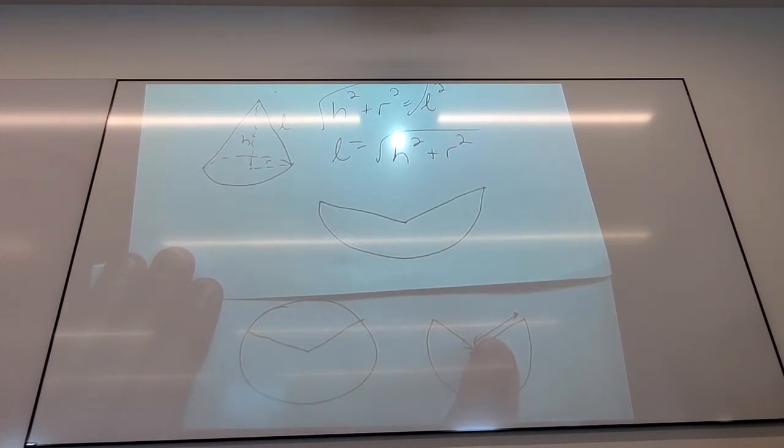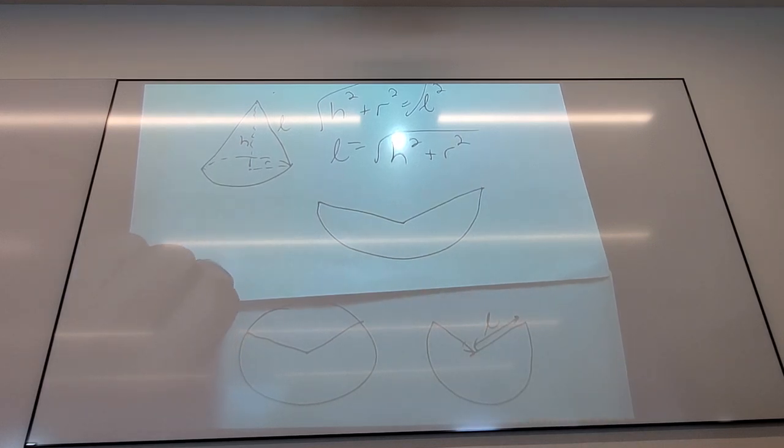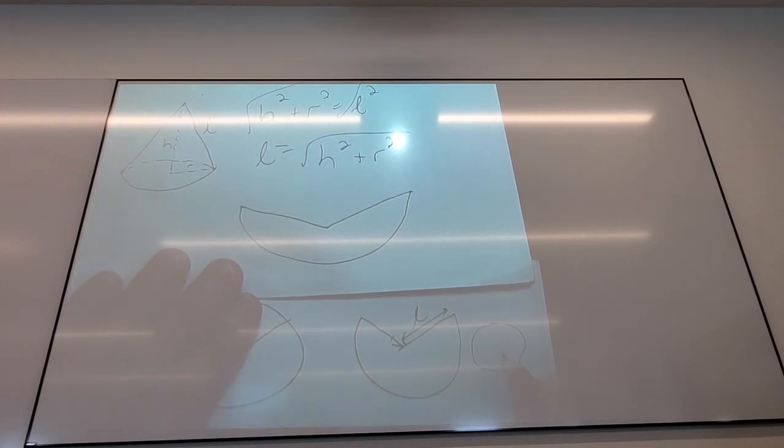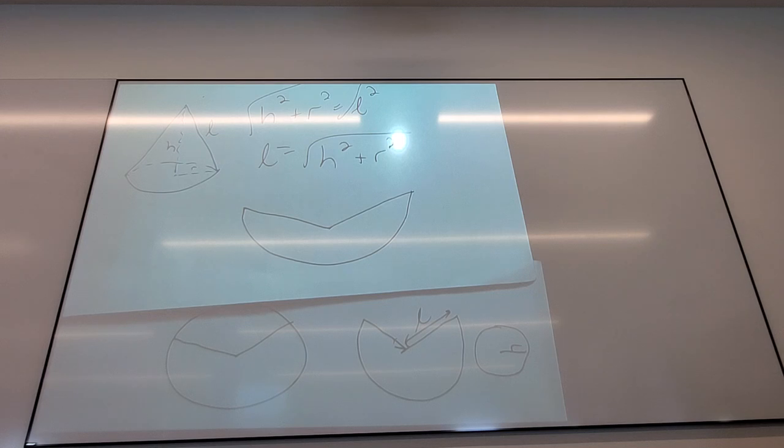This will be L. So if I took the base out, this is the base with radius R. This is the part that, if I fold it down on itself, would go into making the cone.